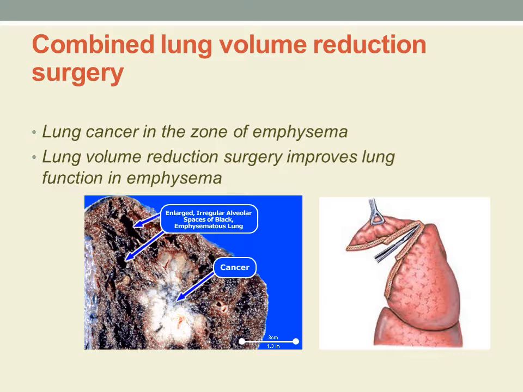It has been shown that combined lung volume reduction surgery improves lung function after surgical resection in patients with severe heterogeneous emphysema. For the risk assessment of post-treatment dyspnea, FEV1 (forced expiratory volume in 1 second), lung volume reduction surgery, projected postoperative TLCO (the transfer factor) and PPO FEV1 are analyzed.